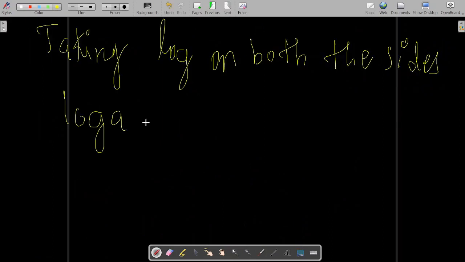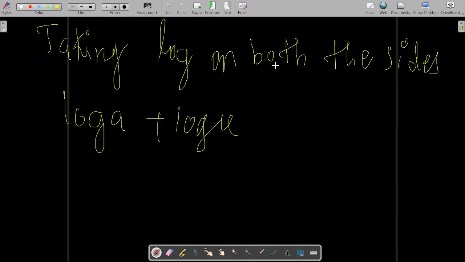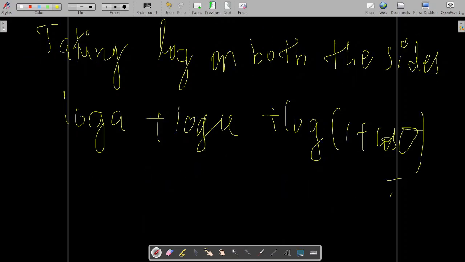Log a plus log u plus log of 1 plus cos theta is equal to 0, right? Because log 1 is 0, the right hand side will be 0.